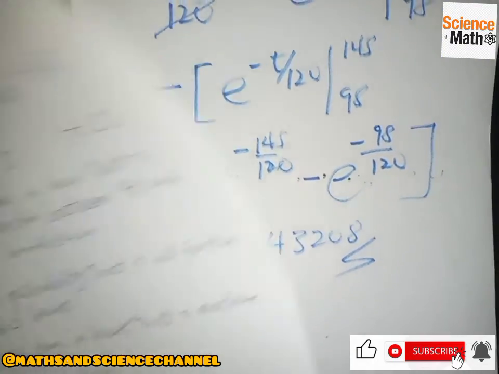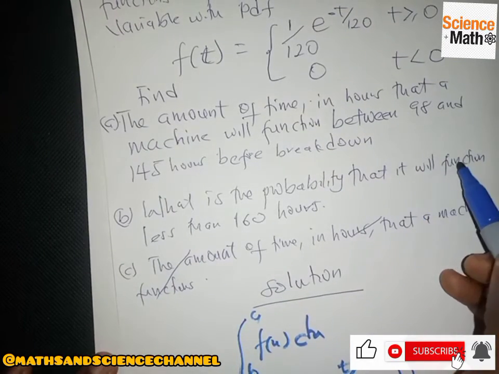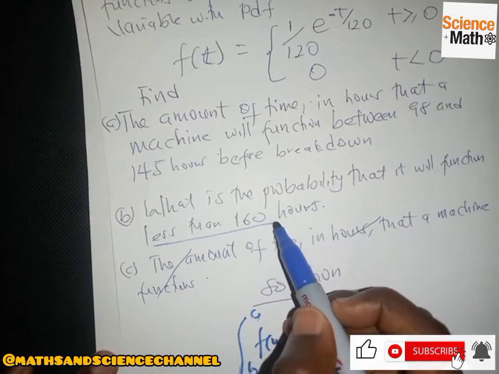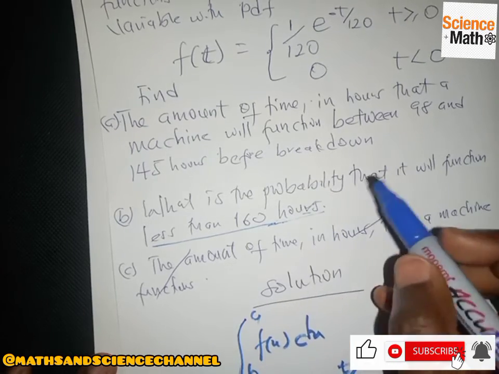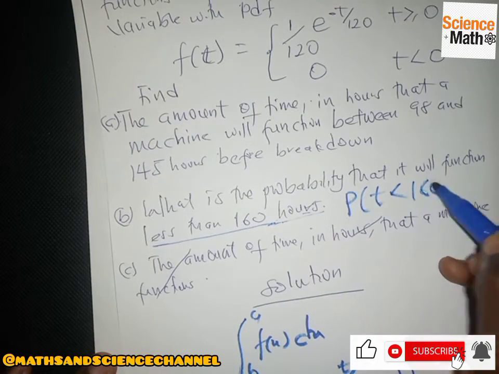Now the second part of the question says, what is the probability that it will function less than 160 hours? So we are looking at the probability that t is less than 160 hours.